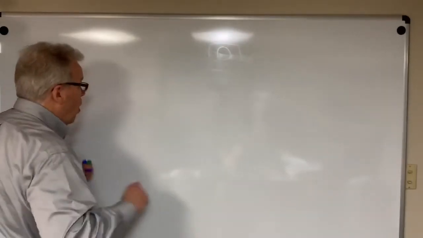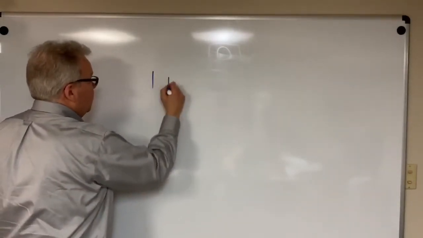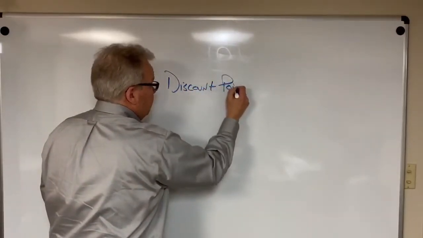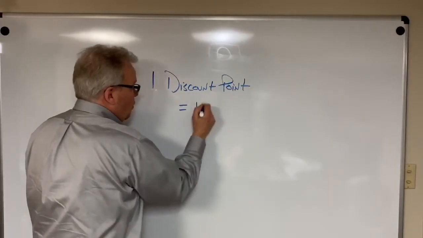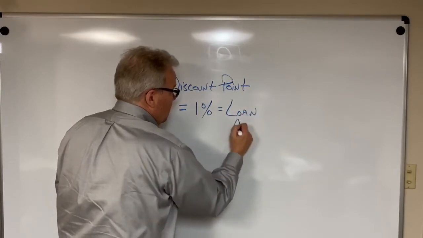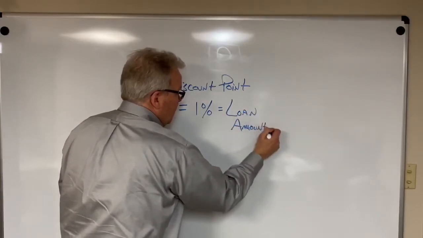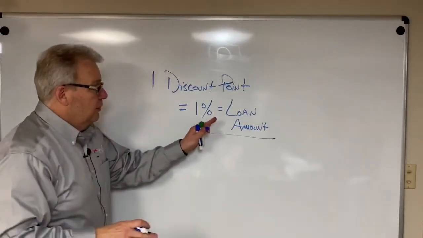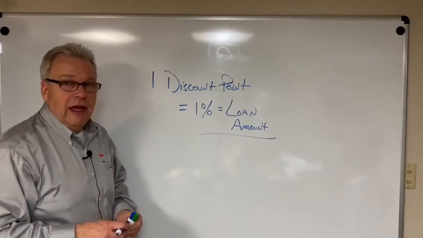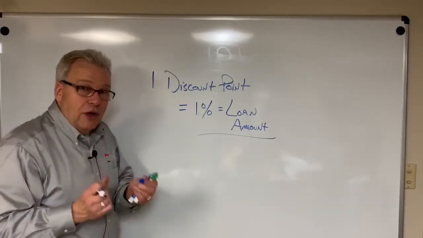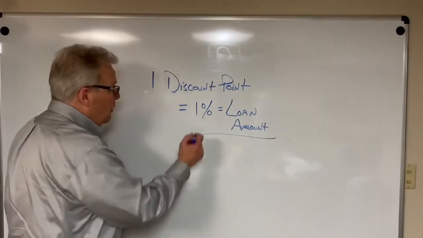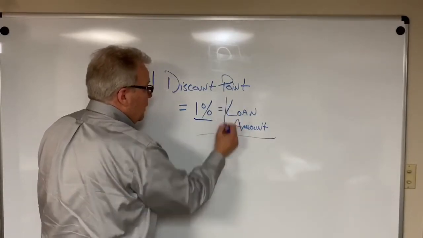So one discount point is equal to 1% of the loan amount. They're going to try to suck you in to using the sales price. They're going to really word these questions and try to draw you into calculating your discount points on the sales price, but you know it's 1% of the loan amount.